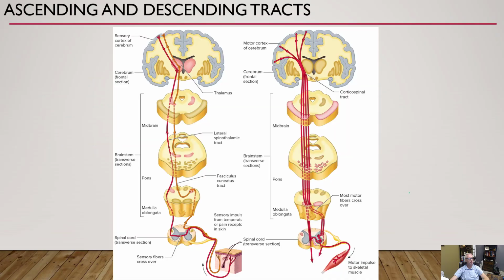All right, this picture is just showing your ascending and descending tracts and how they cross over. Here, these nerve fibers cross over.